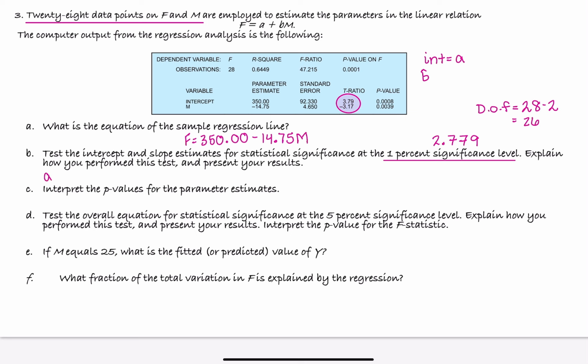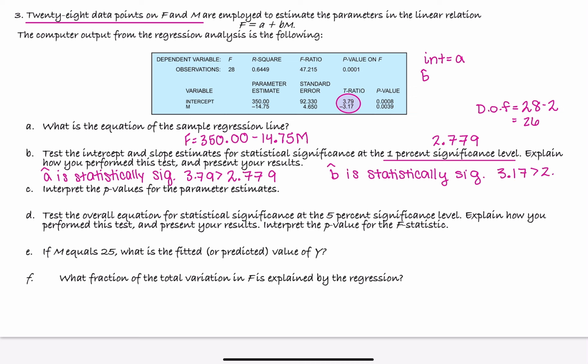And we see that A hat is statistically significant, because 3.79 is greater than 2.779. Same for B hat. We know that it is also statistically significant. And we know that because we're going to take the absolute value of our negative 3.17 and get a positive 3.17, which is still greater than 2.779.